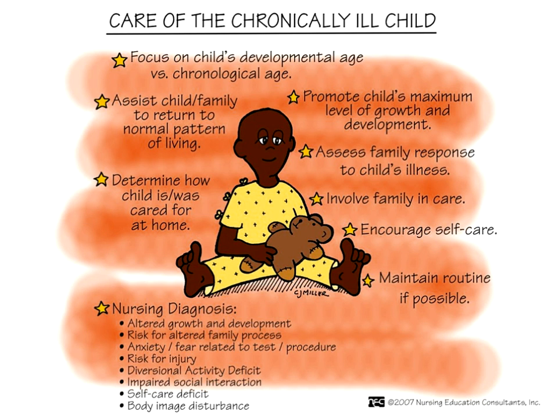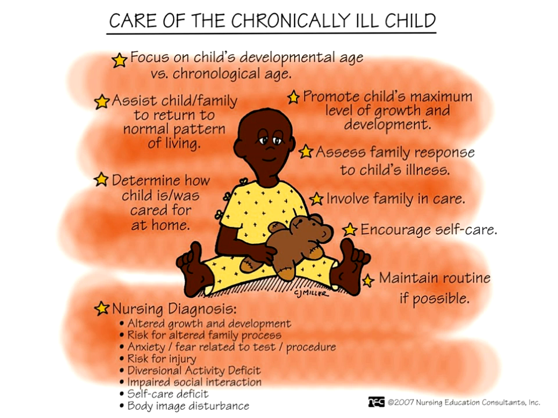Then when we look at the category of children who are chronically ill, who might be within a hospital setting more often, or have a longevity of hospitalizations, say a child who's diagnosed with leukemia, for example.